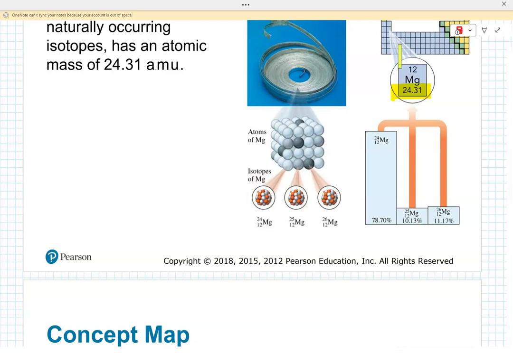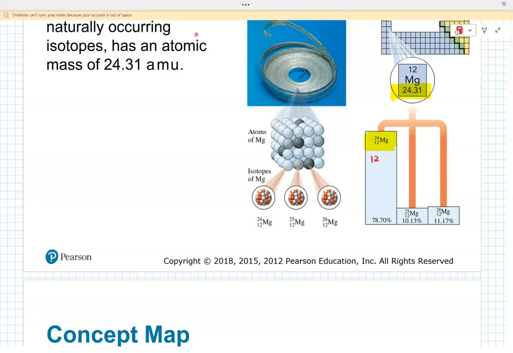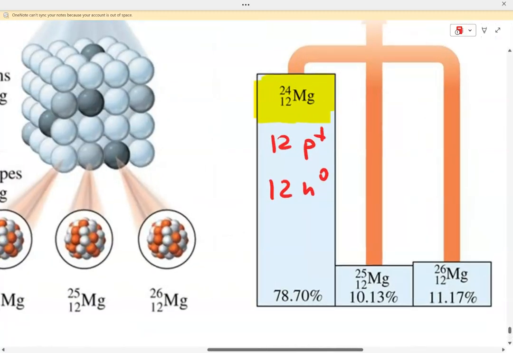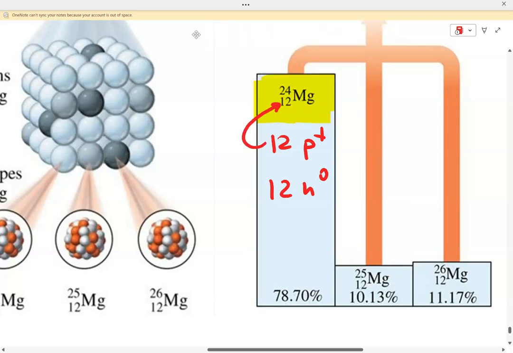Am I making sense? So most common is the isotope, a type of atoms with 12 protons and 12 neutrons. Everybody follows me on that? Right? All good? So 12 protons, that's this, and 12 neutrons.